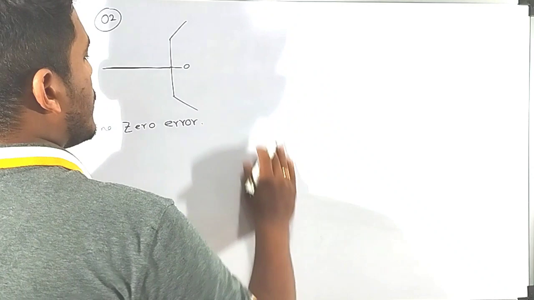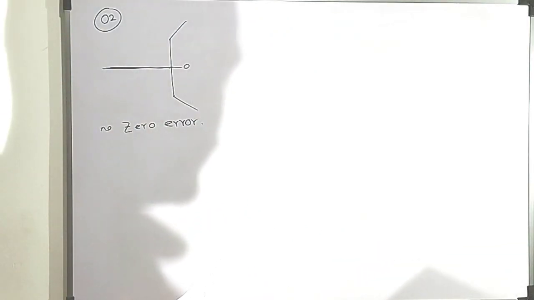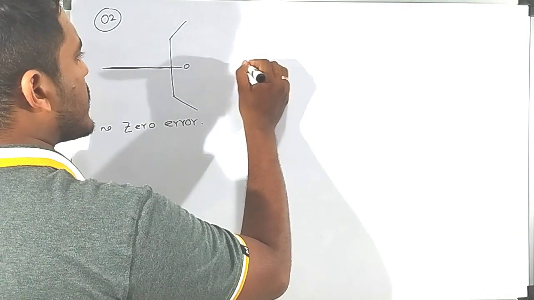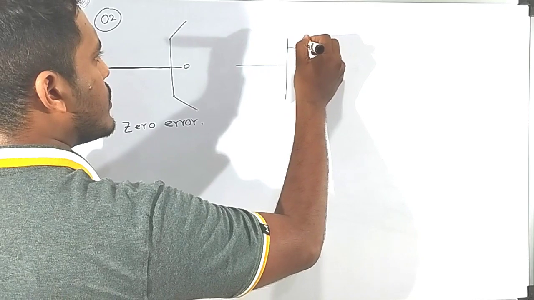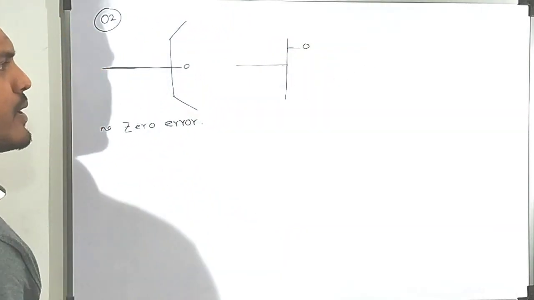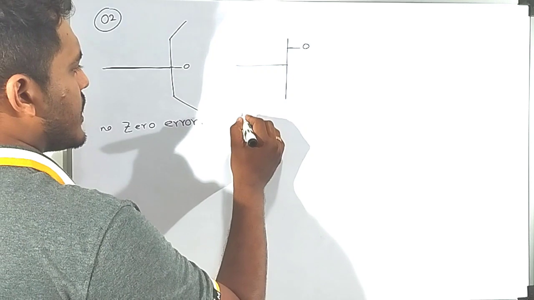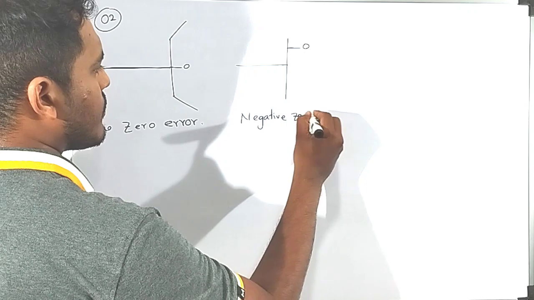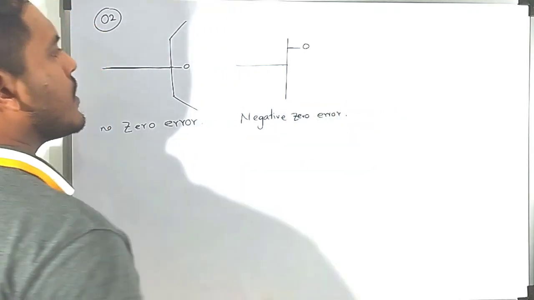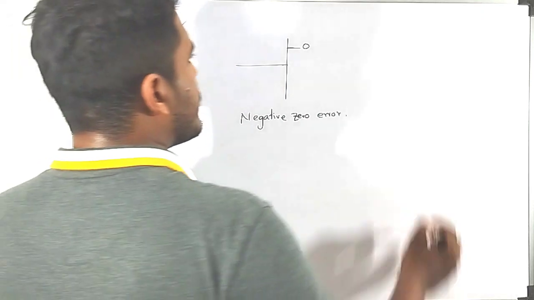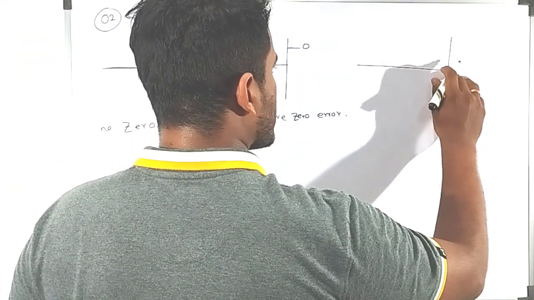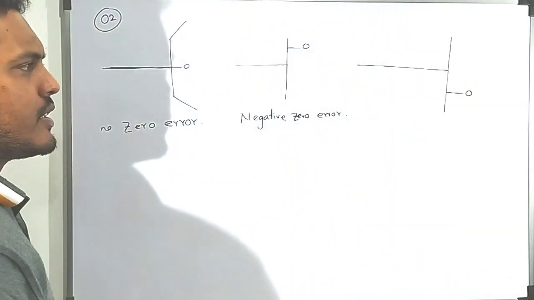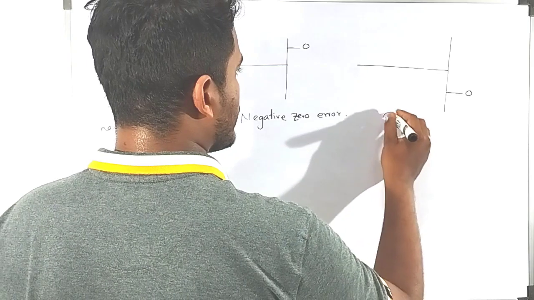When the spindle and the anvil are in contact, if the zero mark is above the horizontal line of the main scale, then there will be a negative zero error. If the circular scale zero is below the horizontal line of the main scale, then the zero error will be positive.